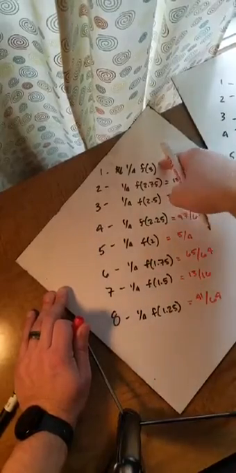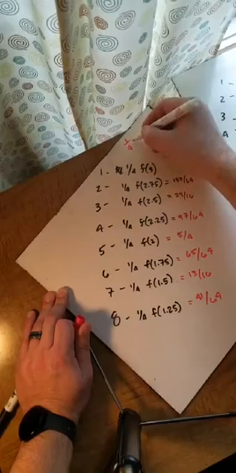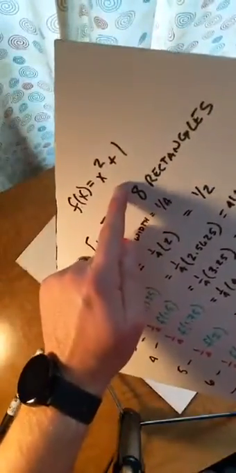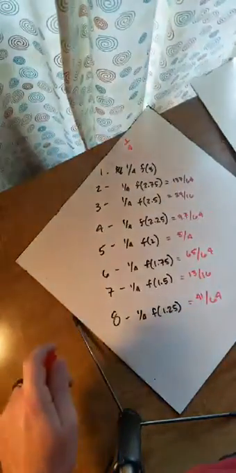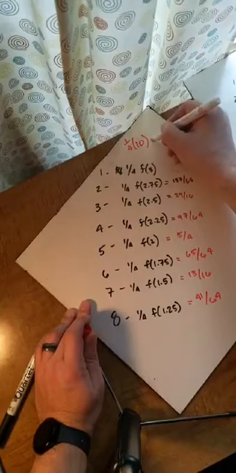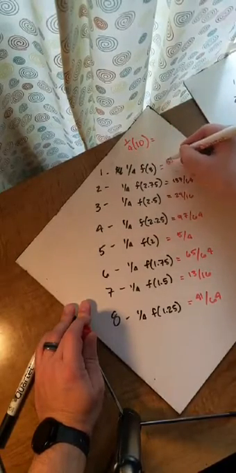The only thing we need to do is this one up here, which is 1/4 of f of 3. If I plug in 3 into the original equation here, 3 squared plus 1, or if I go back to the calculator, that should tell me that is 10. And 10 divided by 4 is 5 over 2.